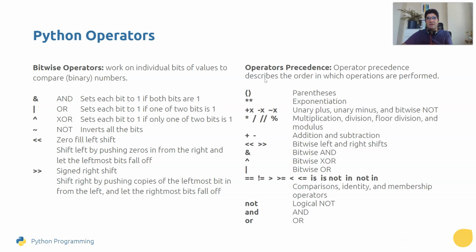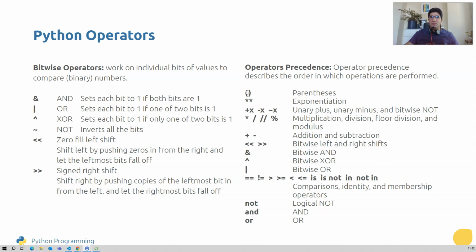And finally, the last thing you need to know about is operator precedence. When the Python interpreter interprets and runs your code, if you have an expression with multiple operators, it will give priority to some of those operators and run them first.